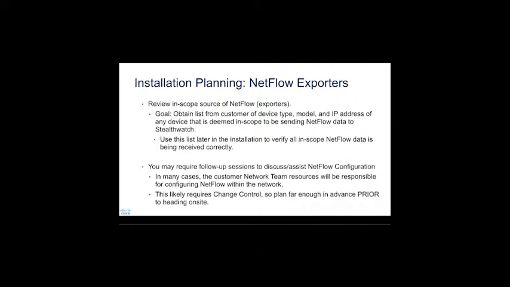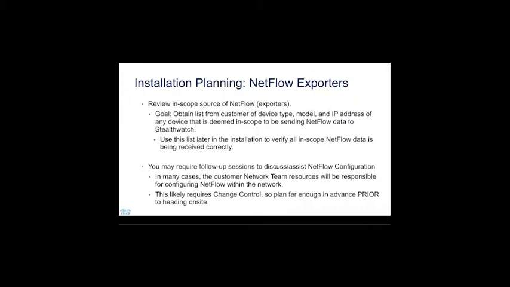Do remember, as you see in the final bullet here, that touching all of these routers and enabling NetFlow, especially in environments where NetFlow is not currently enabled, very likely requires one or more change controls because they are touching production devices on the network. Because of this, make sure that the customer's aware of it and that they plan far enough ahead. Again, don't plan your on-site until you have NetFlow that you know is inbound.